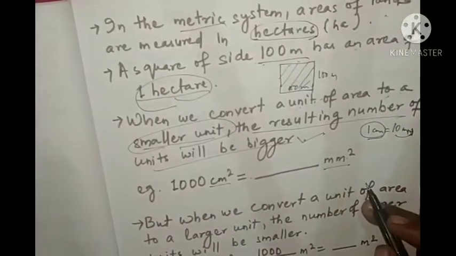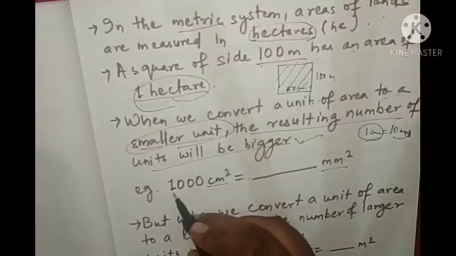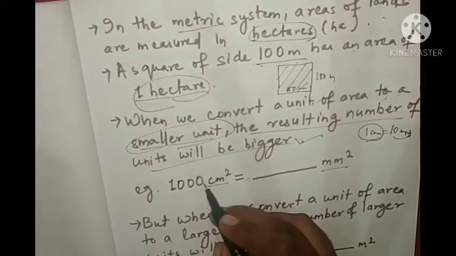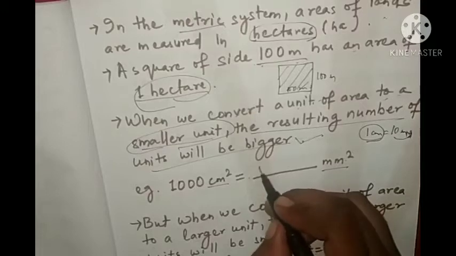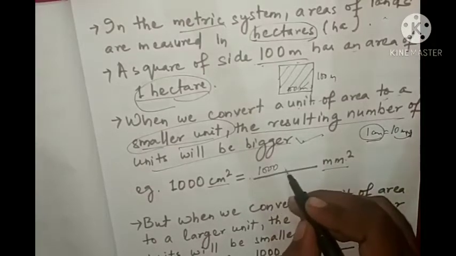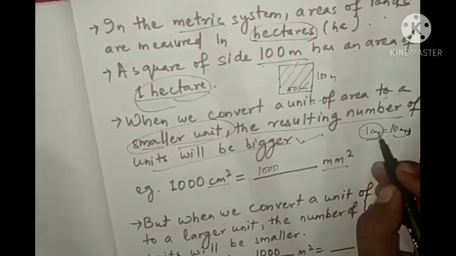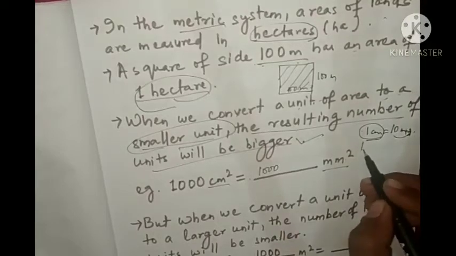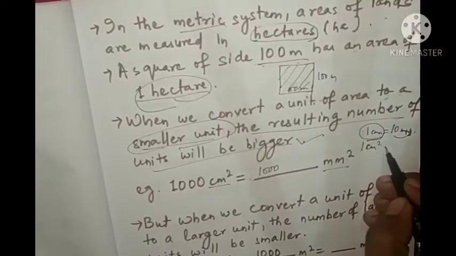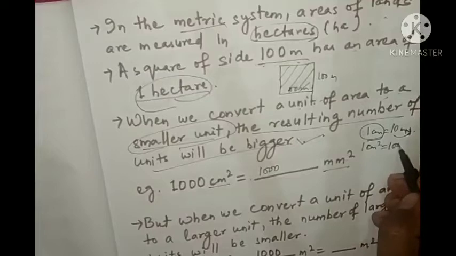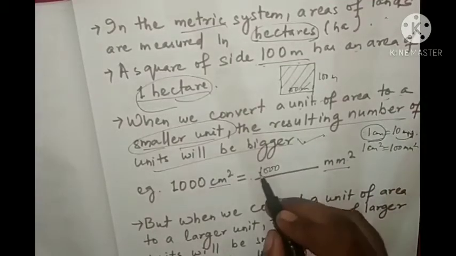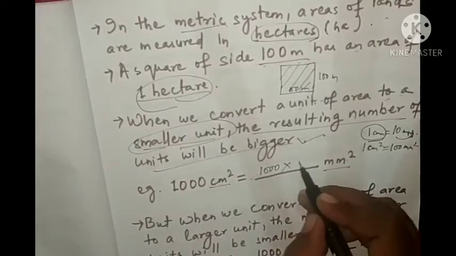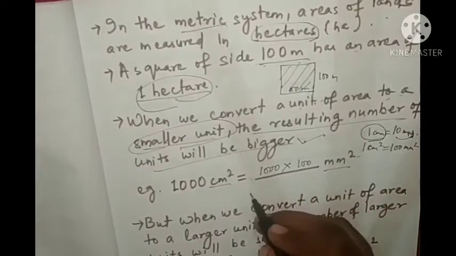So what we can write? 1000 square centimeter equal to 1000 into, 1 square centimeter is equal to how much? 100 square millimeter. So we can write 1000 into 100 square millimeter.